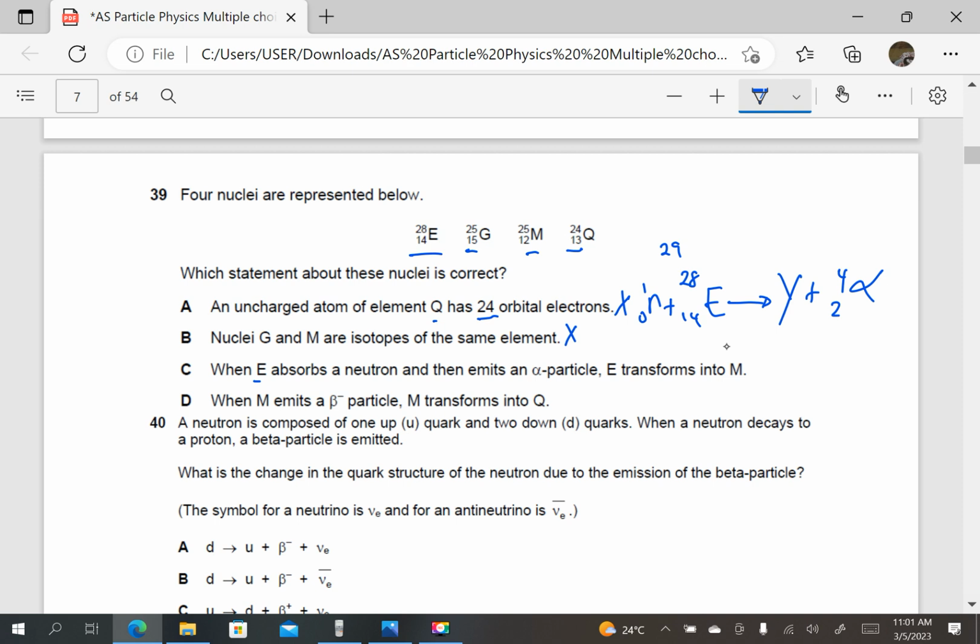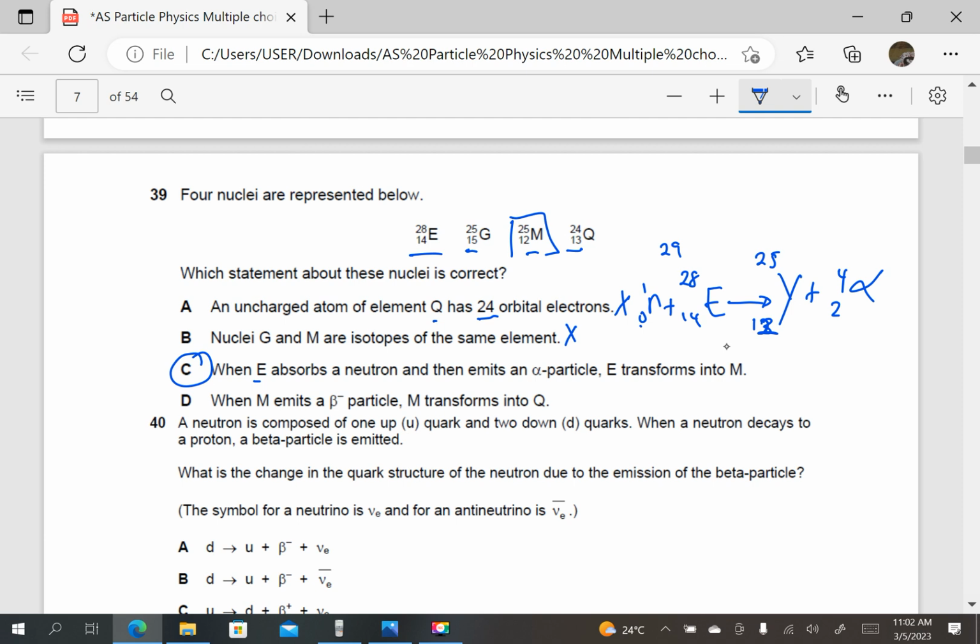The other side will have 29 minus 4, which is 25. Then for the proton number, 0 plus 14, this side will be 14 minus 2, which is 12. So 12, 25, that is M. And I think this is true.